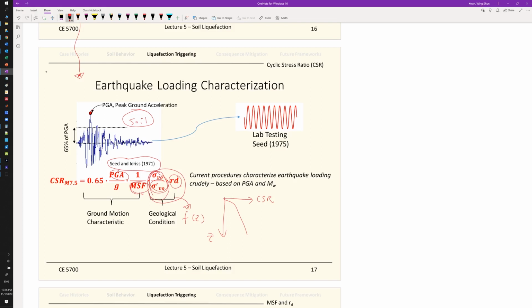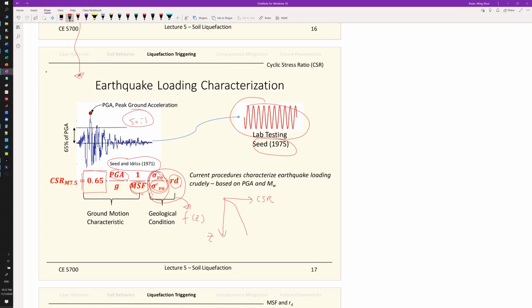So in this framework, you realize that it has a correction factor of 0.65. Why 0.65? That's based on the early work from Seed. He also has work that converts an acceleration time history into a series of harmonic motions, so that it is easier to model the earthquake phenomenon in the lab.